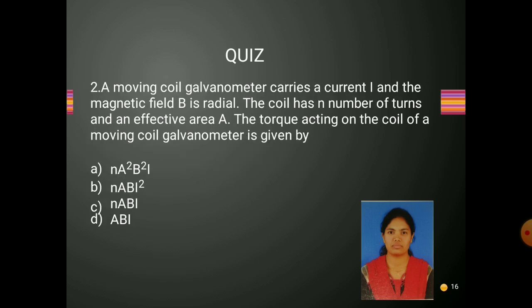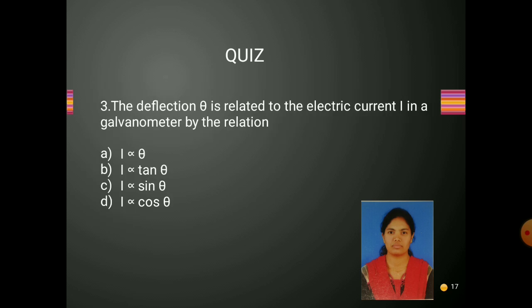Now a moving coil galvanometer carries a current I in a magnetic field B, which is radial. The coil has N number of turns and an effective area A. The torque acting on the coil is given by, as we have seen in the derivation, NBAI. So C is the correct answer for this question.